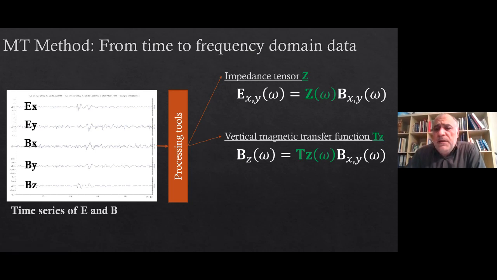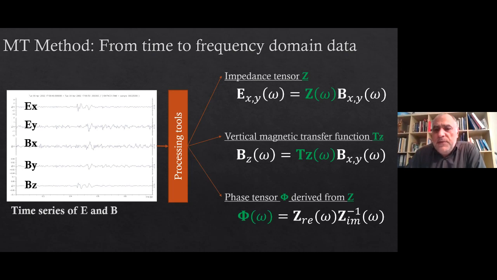There are other parameters that are derived, not directly from the time series, but from the impedance tensor, what we call the phase tensor, which is also a function of frequency, real numbers, and you can imagine it as the phase of the complex impedance tensor.